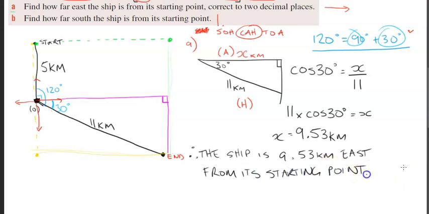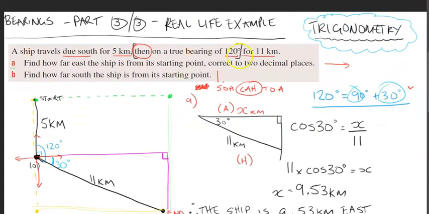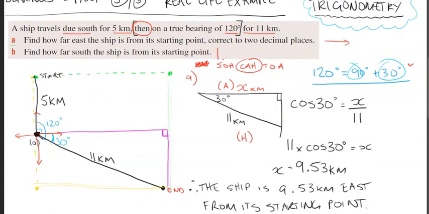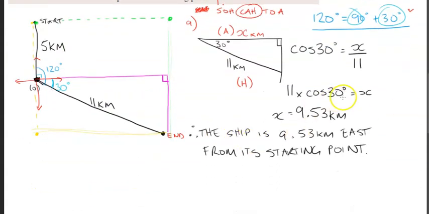Cool. This is where trigonometry has actually helped us. We've got a really simple set of information: south, 5 kilometers, bearing, and another 11 kilometers, 4 sets of information. And just using trigonometry, we found how far east it is. Now let's find how far south it is.